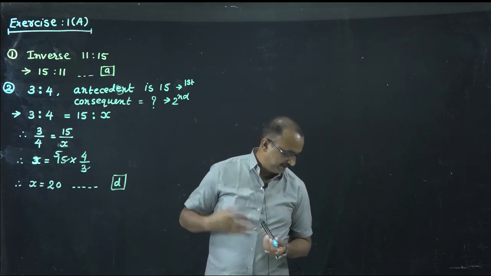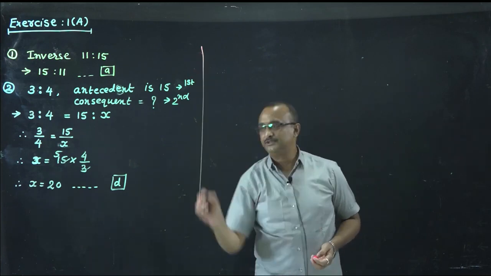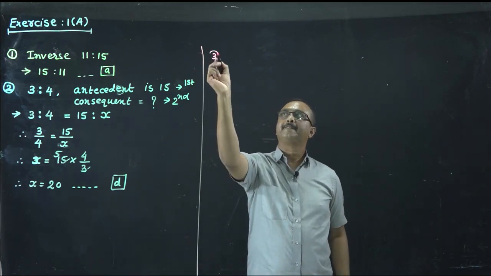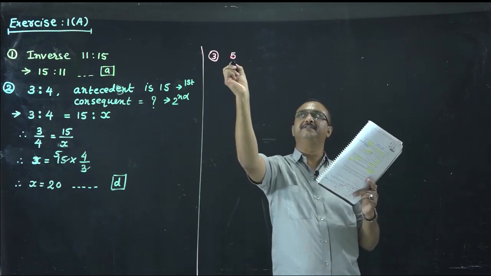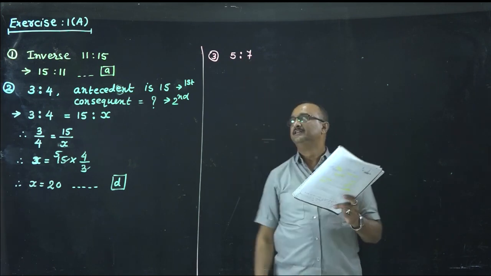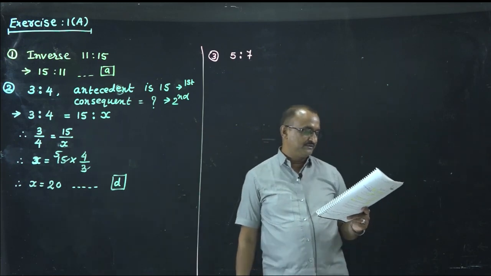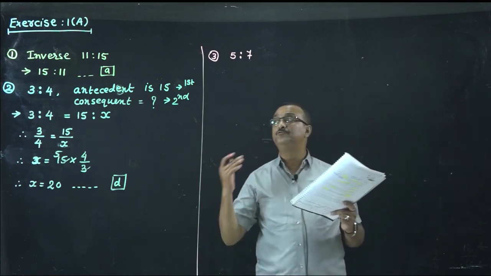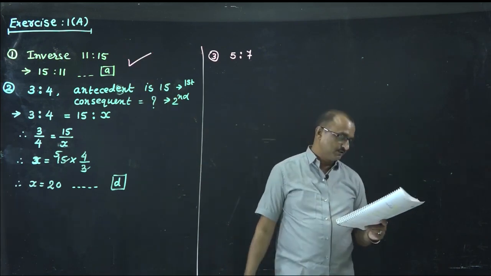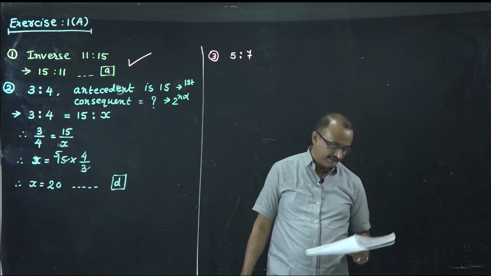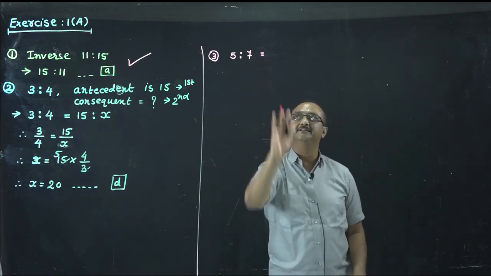Now question number 3. The ratio of quantities is 5:7. If the consequent of its inverse ratio is 5, the antecedent is what? Here we find the inverse. So we have to write 5:7.